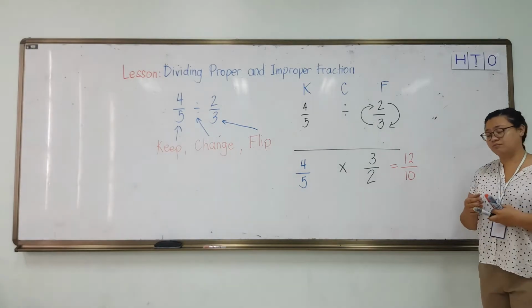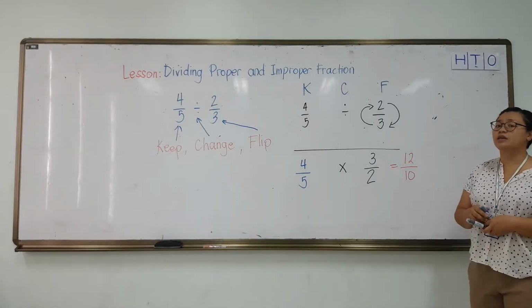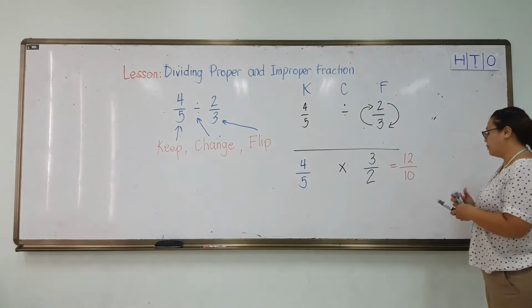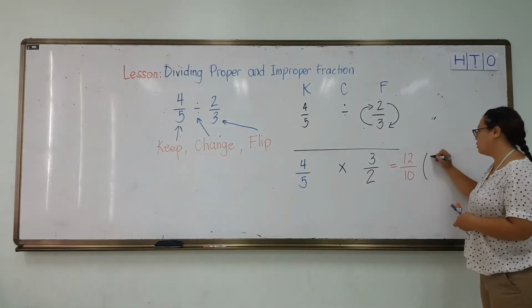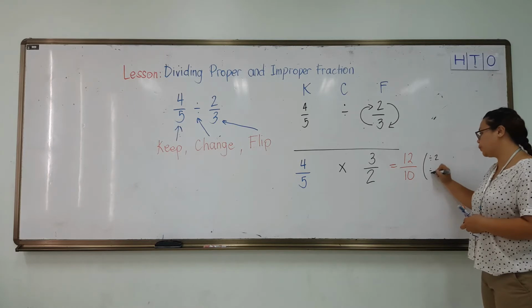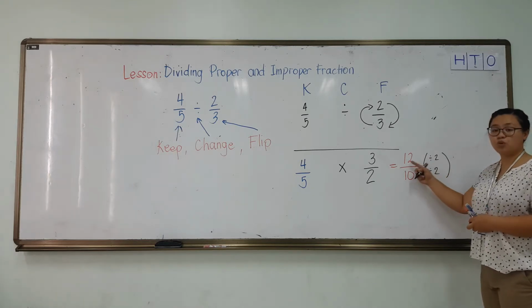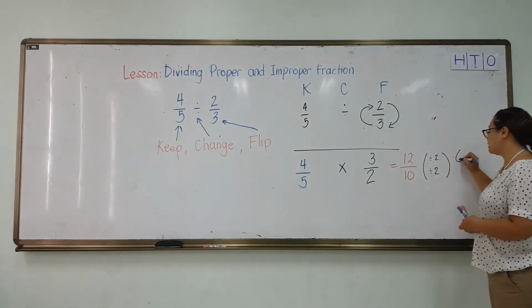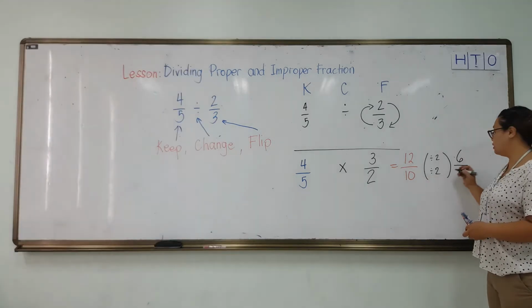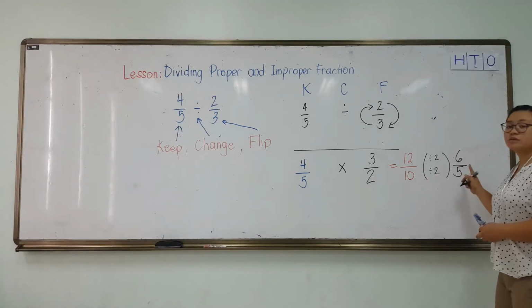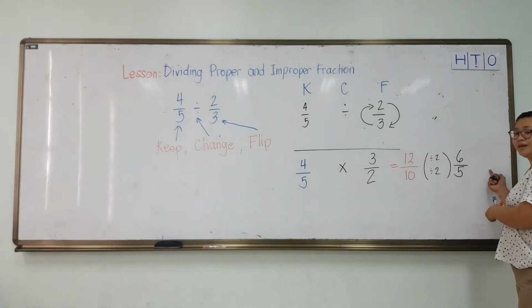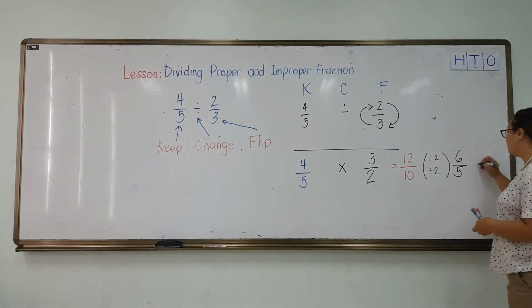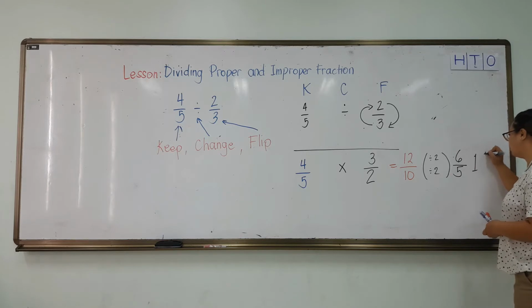Or if you want, we can go ahead and just put it in lowest term. 12/10 can also be divided by 2: 12 divided by 2 is 6. 10 divided by 2 is 5. So let's have 6/5. To make it into a mixed fraction, we have 1 and 1/5.